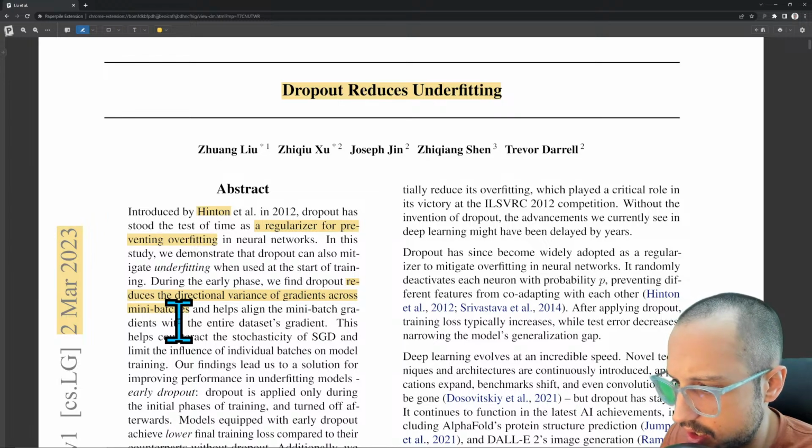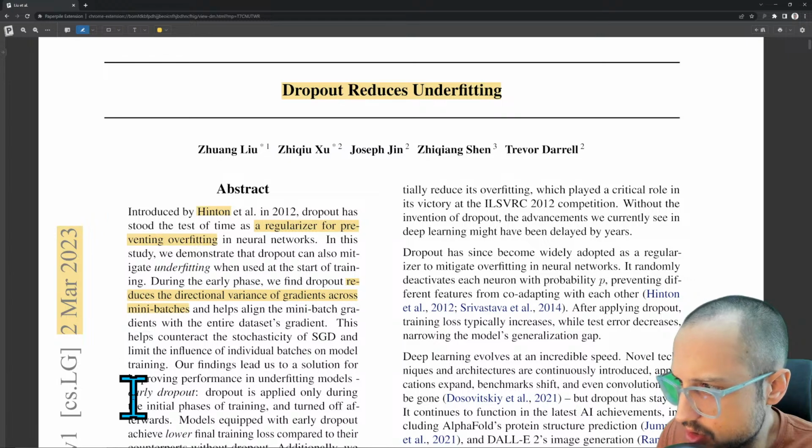So if you were training on a CPU, then doing it one by one or in batches wouldn't matter. But when you're training on a GPU, being able to do entire batches of data in one go is super fast, super useful. So that's what they mean by mini-batches there.